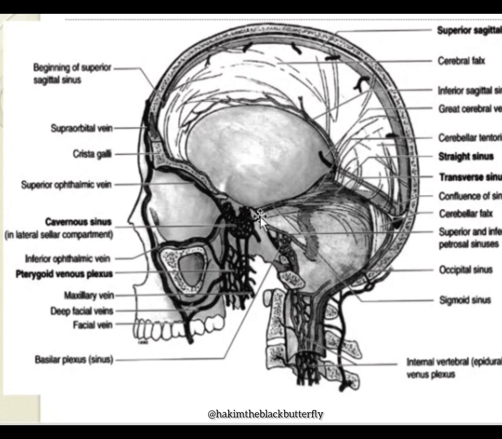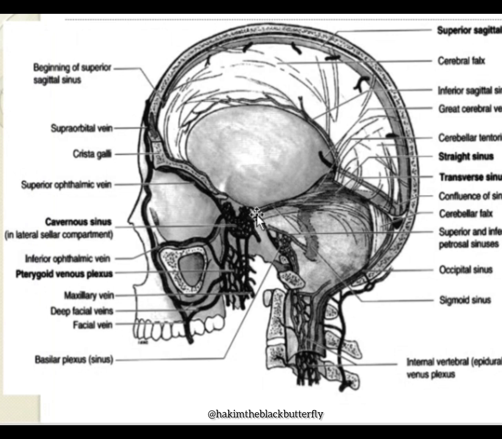And I told you that posteriorly, they communicate with a transverse sinus and a sigmoid sinus. What are these communications? What is the communication between the cavernous sinus and the transverse sinus? Intercavernous sinuses. What is the communication between the cavernous sinus and the transverse sinus?